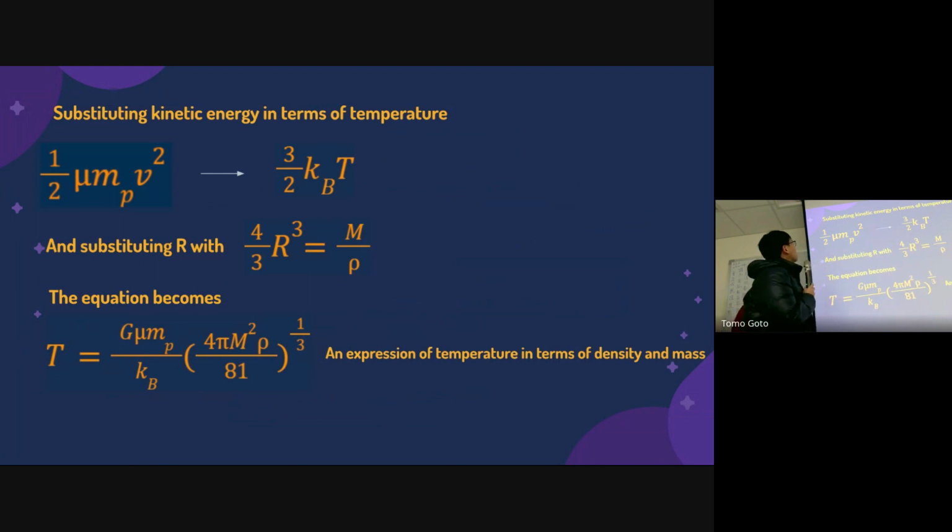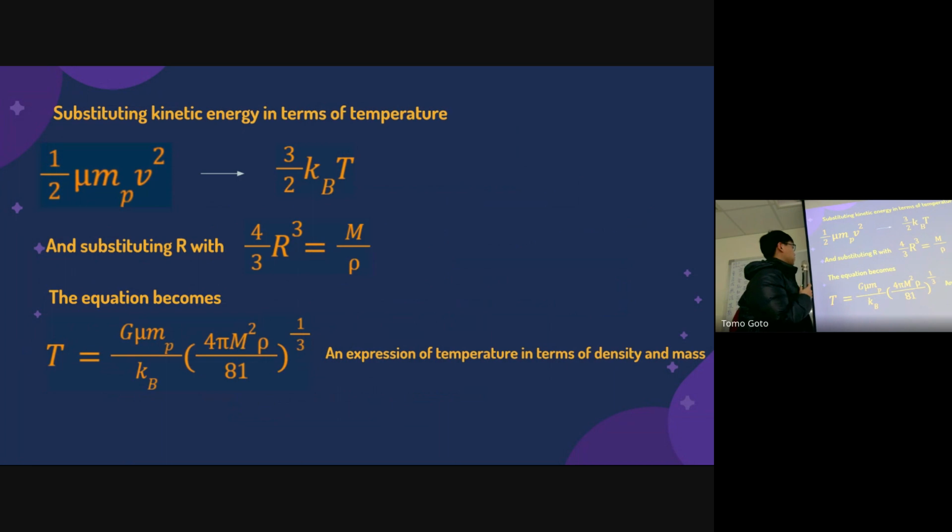And so this is the kinetic energy. We can substitute to the temperature. And this is basically volume. This is the volume of a sphere, and that's the mass over density is volume.